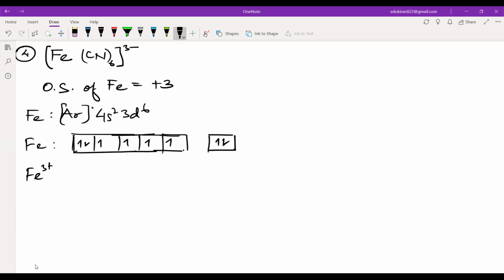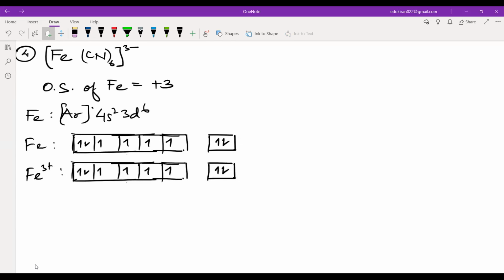Fe3+ will have everything the same except some electrons will not be present. We remove the 4s electrons because they are outermost, and then the last filled one. Now we want to know whether there will be pairing or not.